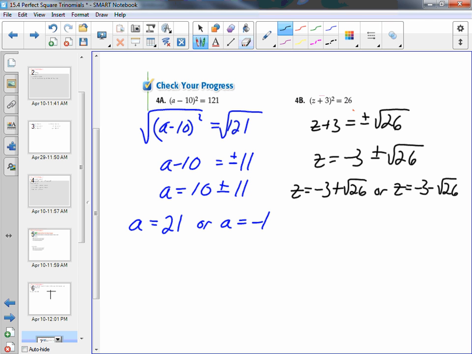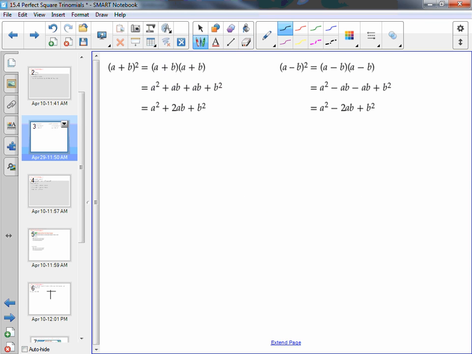Okay. Now, something else I just want to go through again is how come these perfect square trinomials work out the way they work out. It's all because of this and this. If you start with a binomial squared with a plus sign between them, you end up with the first term squared plus 2 times the first one times the second one plus the second one squared.